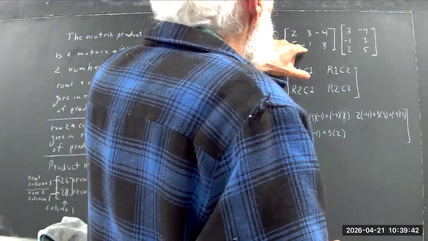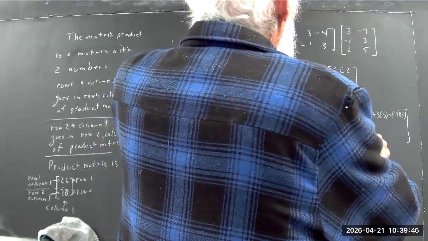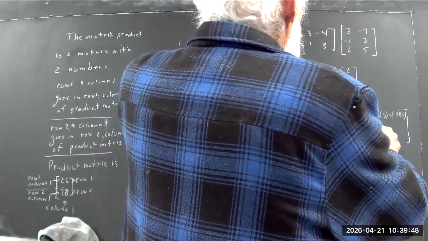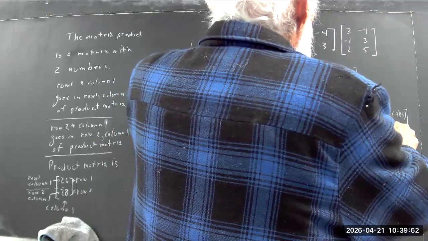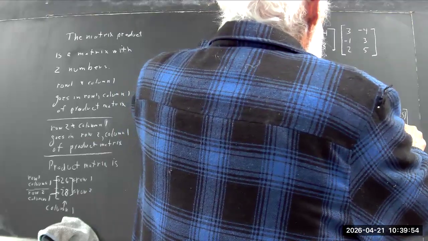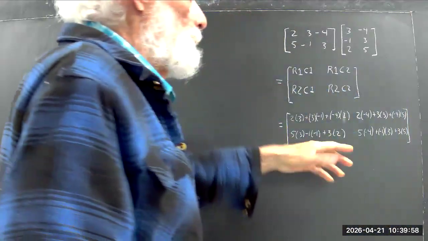Okay, anyhow, second row times the second column, we got 5 multiplied by -4 plus -1 multiplied by 3 plus 3 multiplied by 5. Now do that independently, make sure I've got it right.